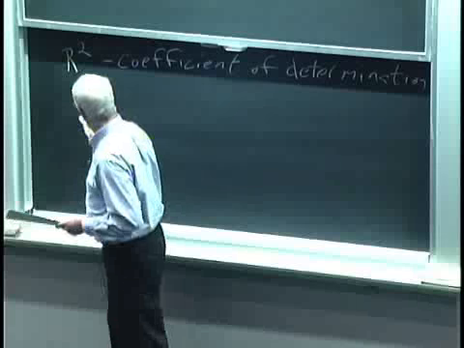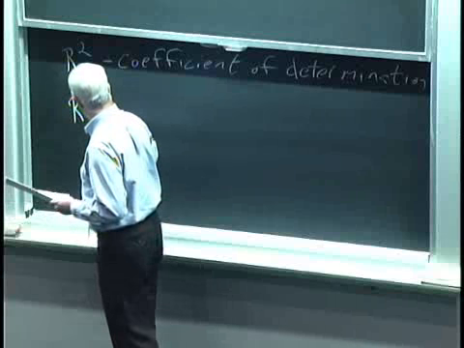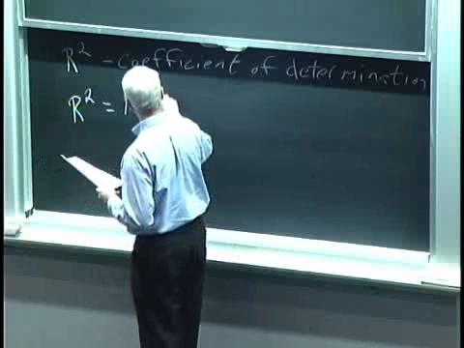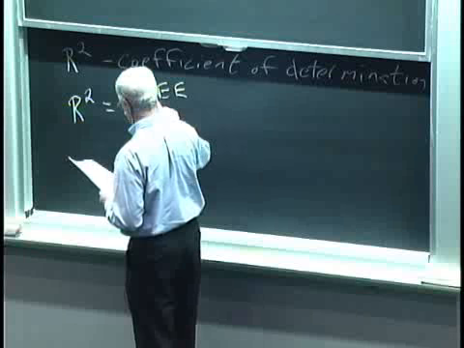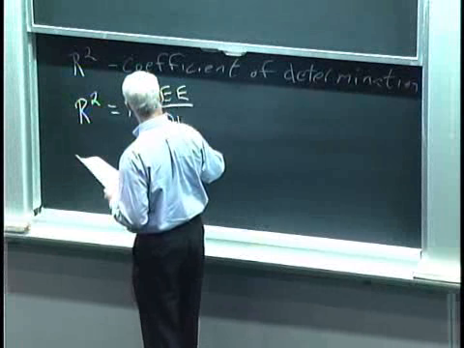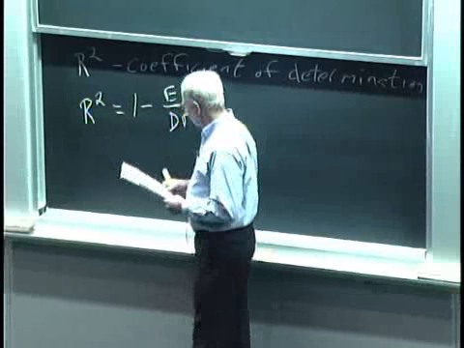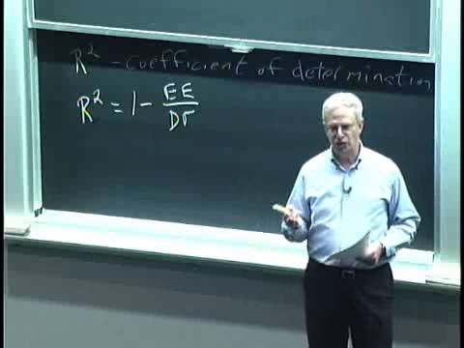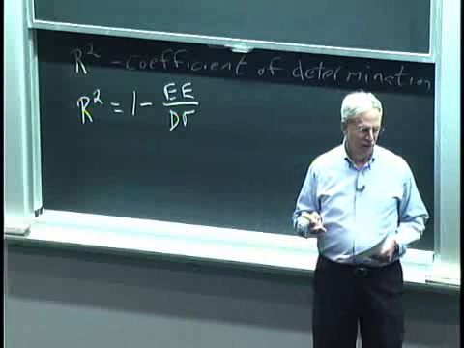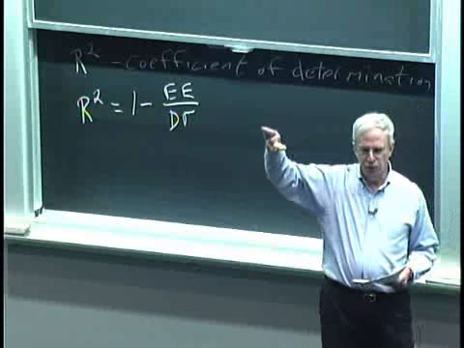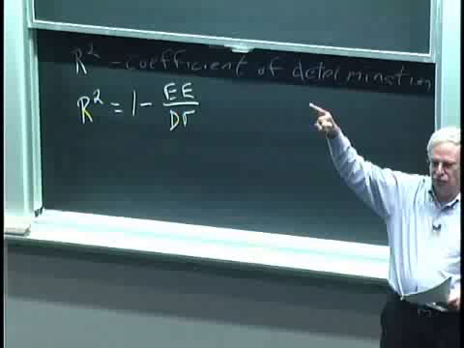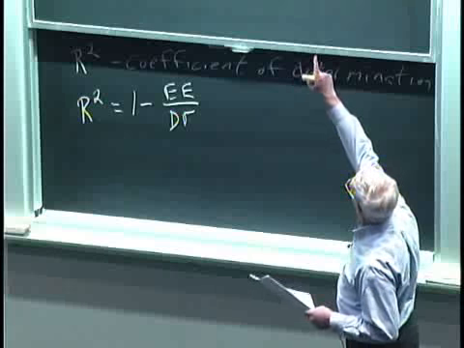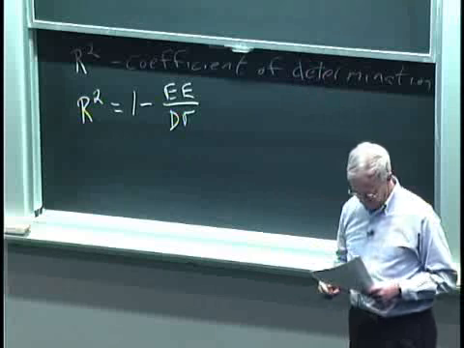So what R squared is going to be, and this is on your handout, is 1 minus EE over DV. So EE is going to be the errors in the estimation. So I've got some estimated values, some predicted values, if you will, given to me by the model, either the line or the parabola in this case.